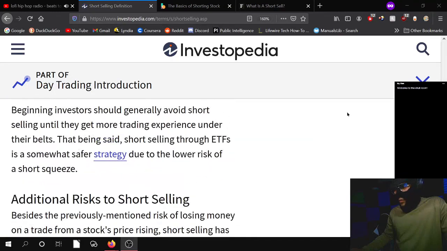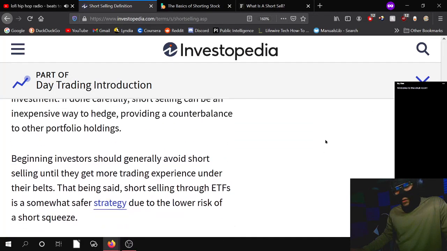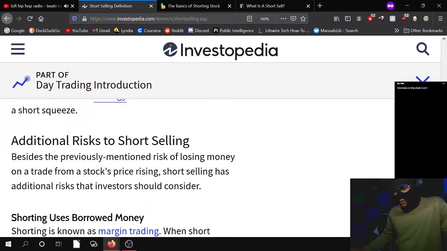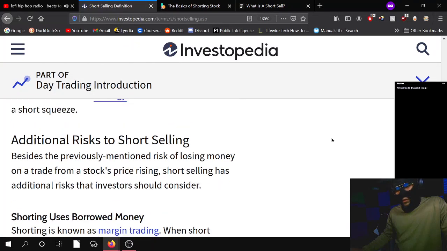So let me try to properly position it. Okay, and let me see my preview if everything's good.